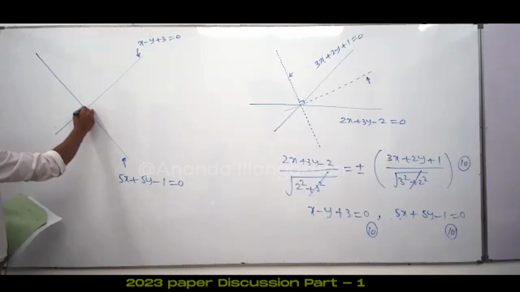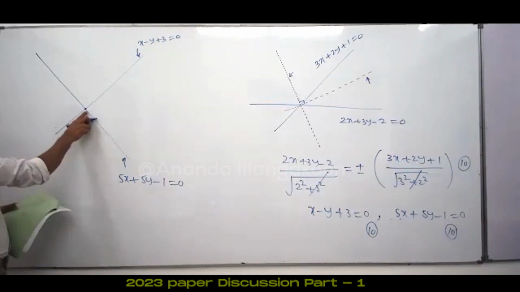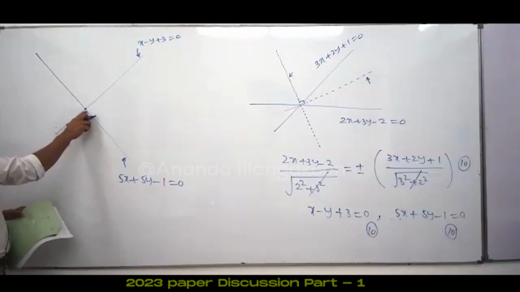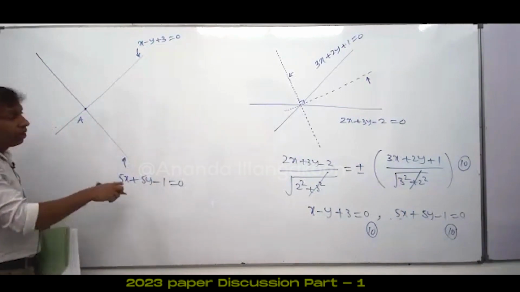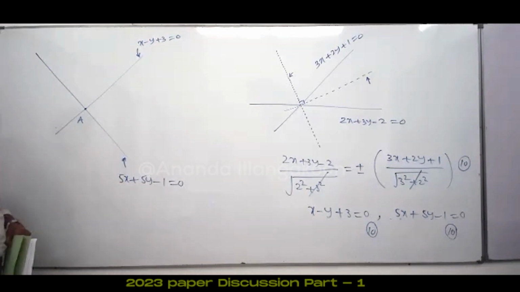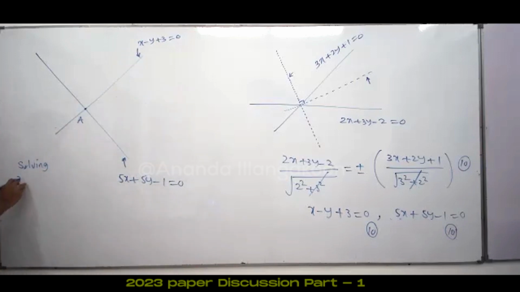Now this point, if I take it as A, how can you find the coordinates of this point? Solving this equation and this equation simultaneously, you can find this point A. Solving x minus y plus 3 equals 0 and 5x plus 5y minus 1 equals 0, you know how to solve these two equations.